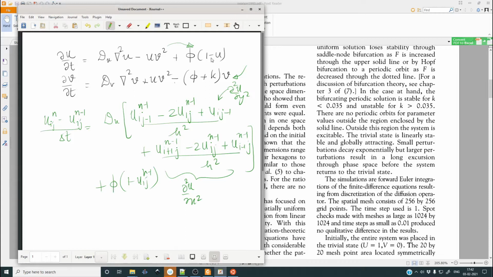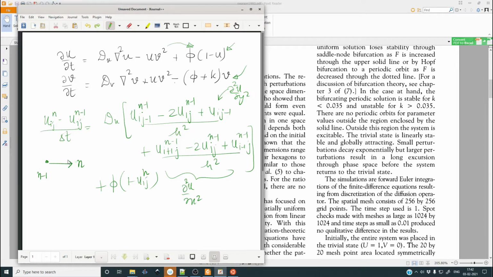Because of the sort of linearity in this particular term, you can actually take this to be at time n. And why is that? Because it does not break any explicitness of the problem. You can simply combine it with this particular term and obtain an expression for going from time n minus 1 to time n explicitly over each cell.